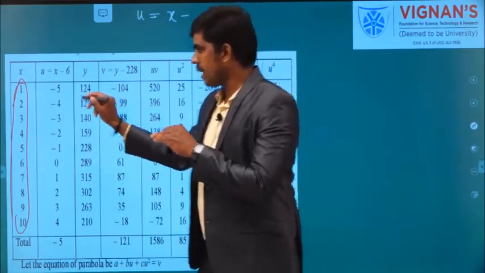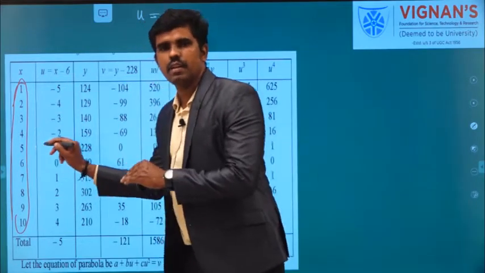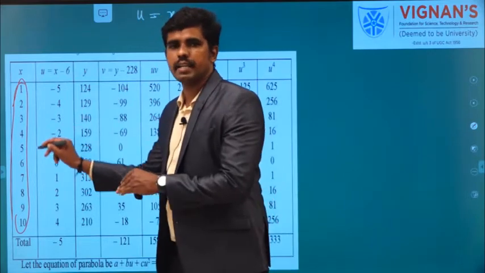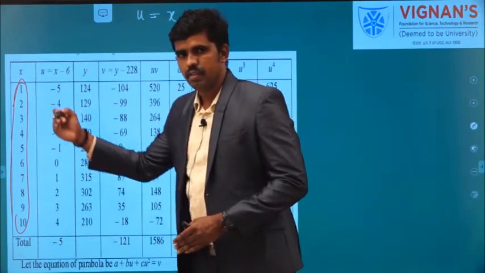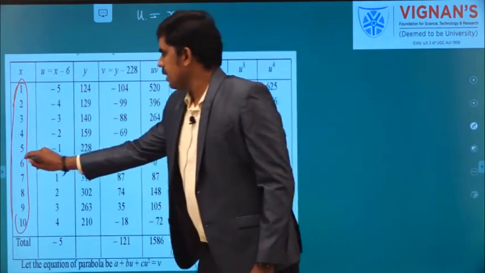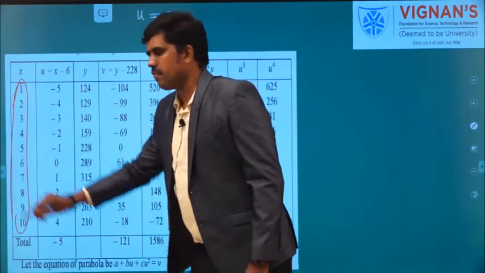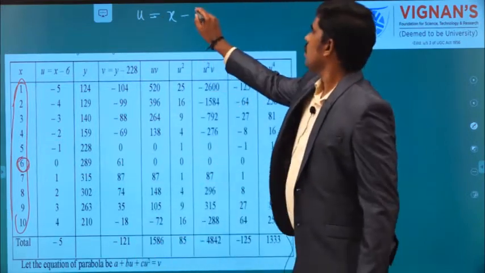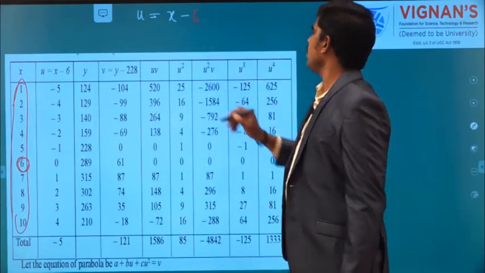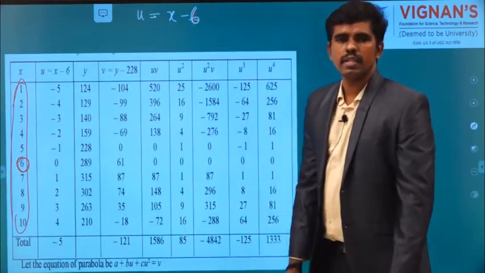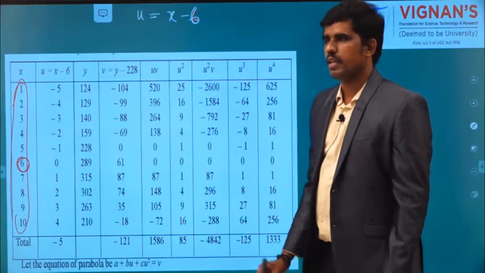If it is available exactly, we take that value; if it is not available, take the nearest value. Here the average you can definitely understand, or find. I am going to assume this 6, like a deviation, so u is equal to x minus 6.